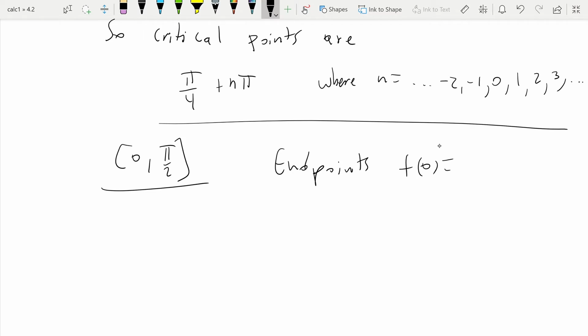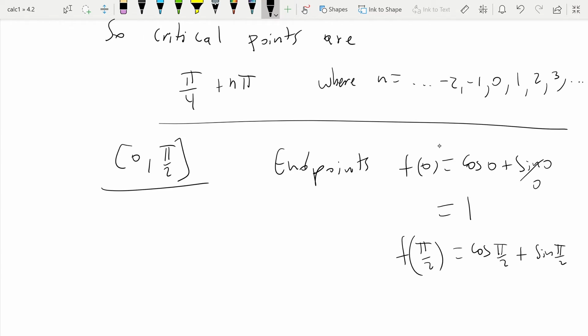It's cosine of 0 plus sine of 0. Sine of 0 is 0, and cosine of 0 is 1. What happens at pi over 2? Cosine of pi over 2 is 0, and sine of pi over 2 is 1. So roles are reversed here. This is equal to 1 again.